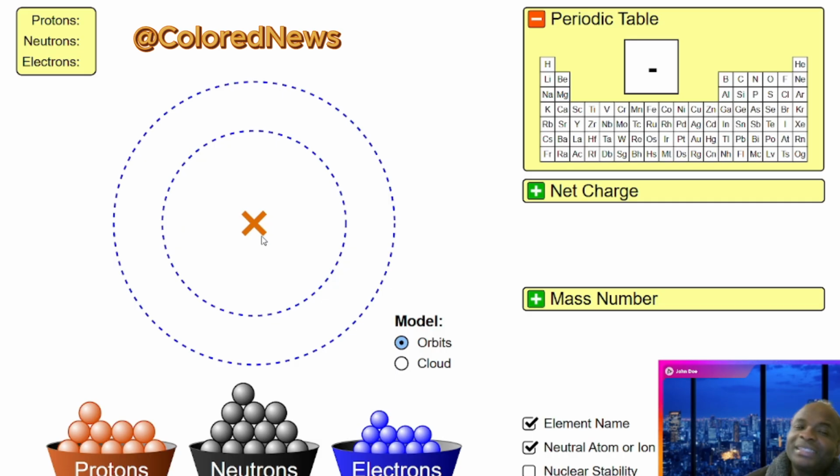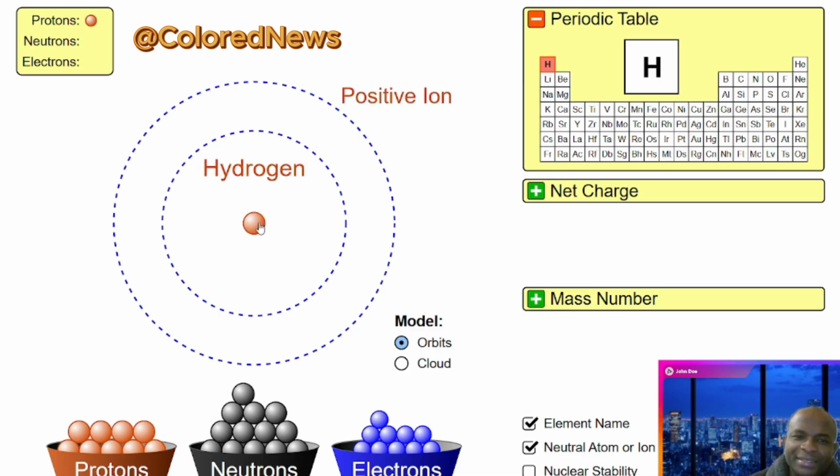In this center, the nucleus, lie the protons. Protons always lie in the center of the atom. In other words, if I take a proton and place it here, the proton is going to stay in the middle. But electrons do not stay in the middle.